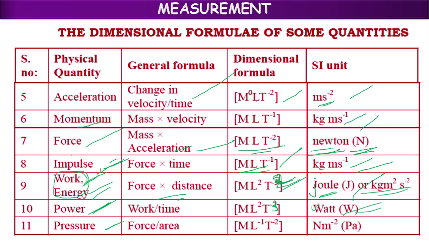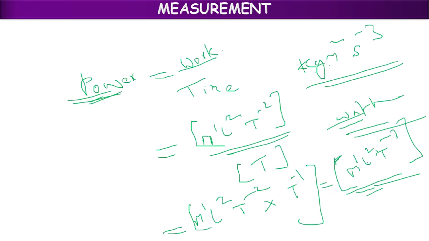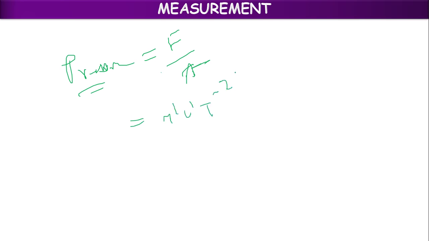So last one children, pressure. The formula of pressure is how much force we are applying on how much area. That is called pressure. Force is M1 L1 T minus 2, the dimensional formula of force. Area is length into breadth, means L square.